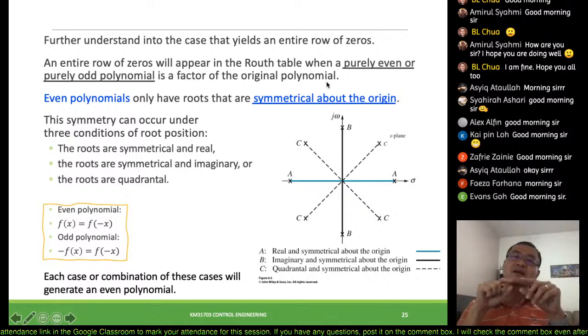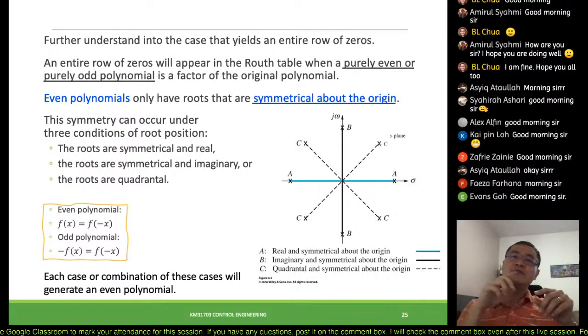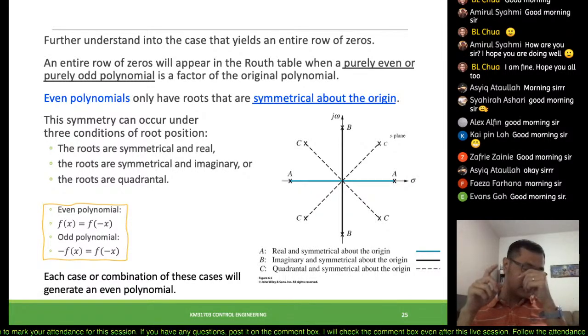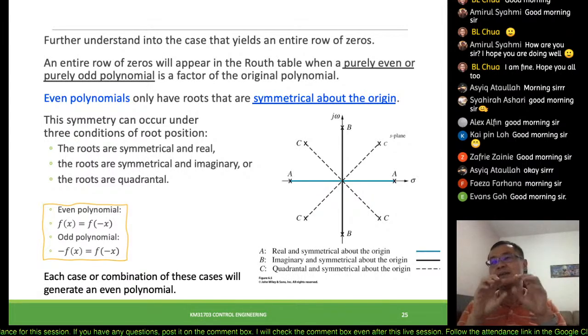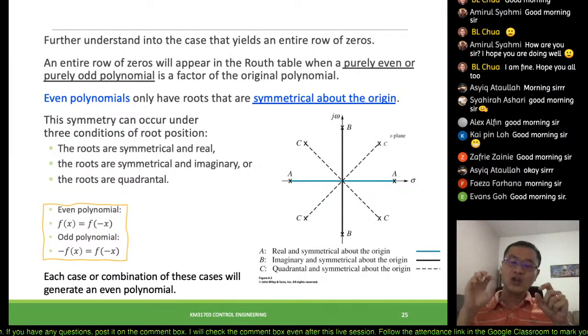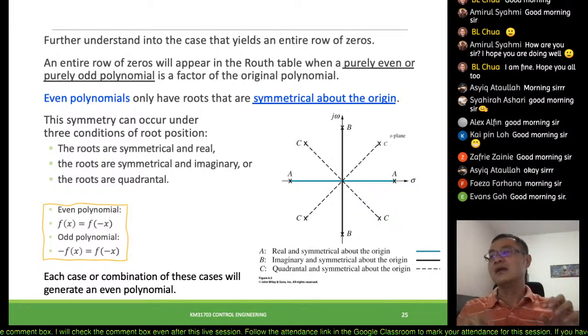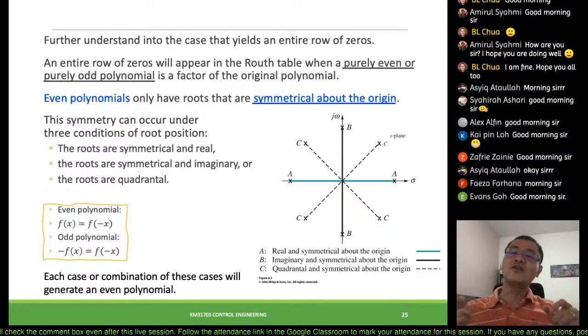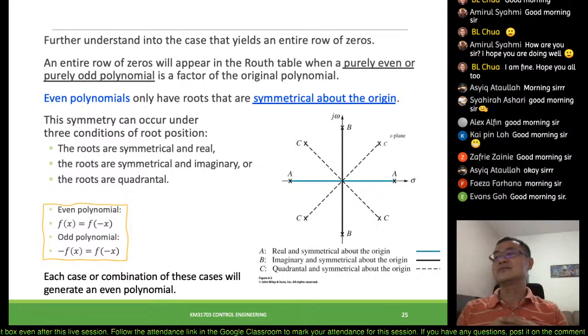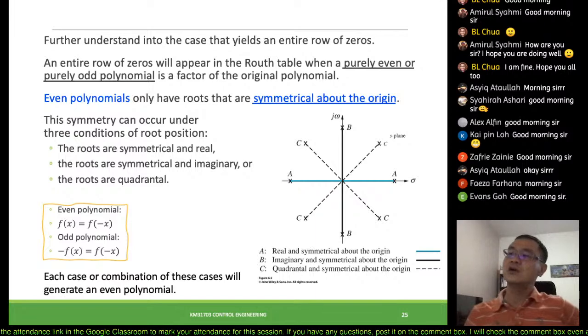You may have s power 4, power 3, to 1, okay? Somehow one of the polynomials is actually the solution to it, right? We say a factor to it. Therefore, it causes the table to have this so-called row of 0, right?